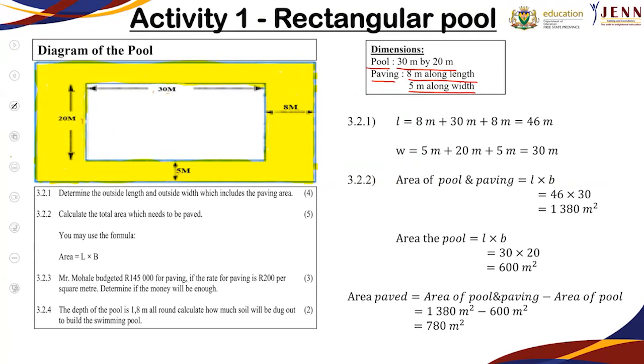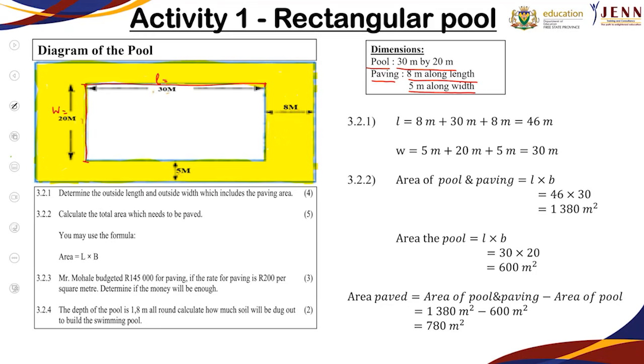So here's my pool. They say it's got a length of 30 meter from the one corner to the next. That is the length of the pool. And then the width of the pool from one corner to the next is given by 20 meters.